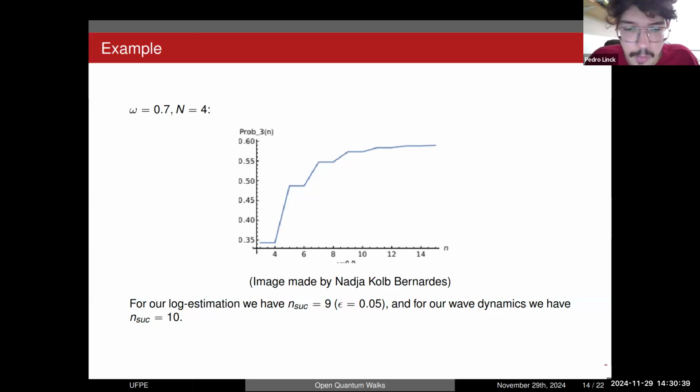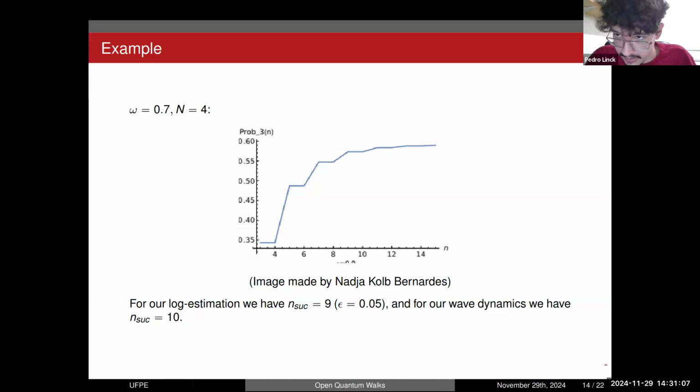And here, for example, when the error is 0.05, the number of steps that you have to take is 9, and you can see that this is pretty much true. When n is 9 here, you reach 0.55, more or less, and the steady state is 0.6, okay? So it's a pretty accurate estimation, but not as general as the one.